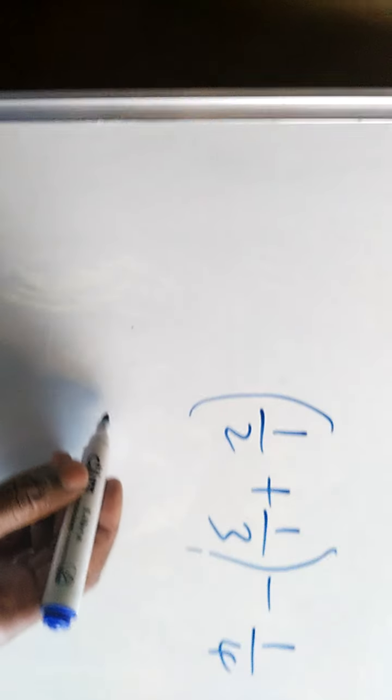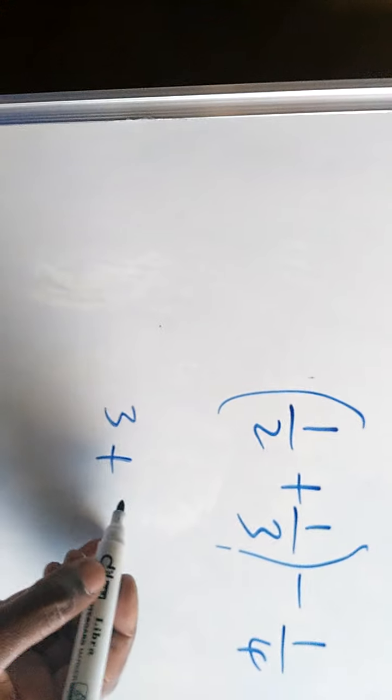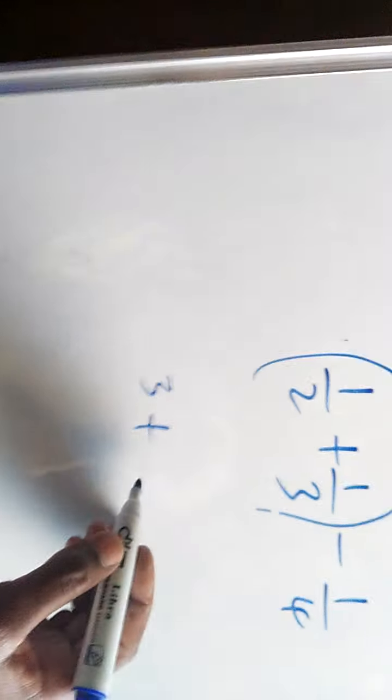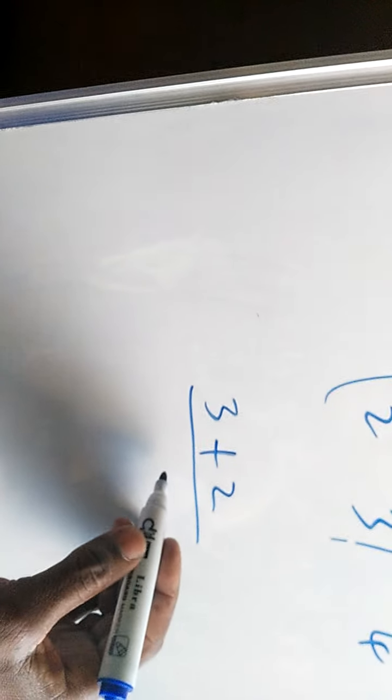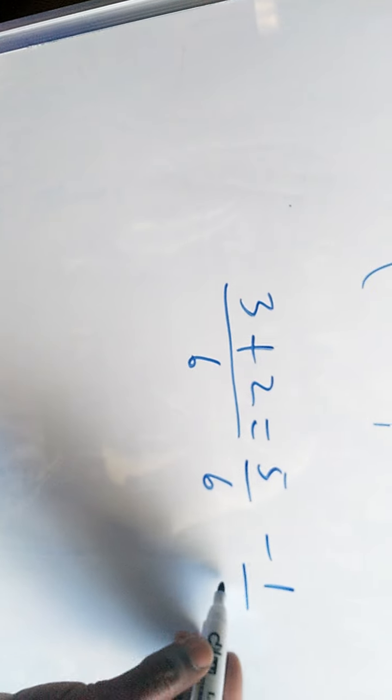Okay? Like I said, 3 times 1 will still be your 3. 2 times 1 will still be your 2. 3 times 2, you have your 6. Therefore, that's when you bring down. Okay, you can go for the LCM, there's no problem.